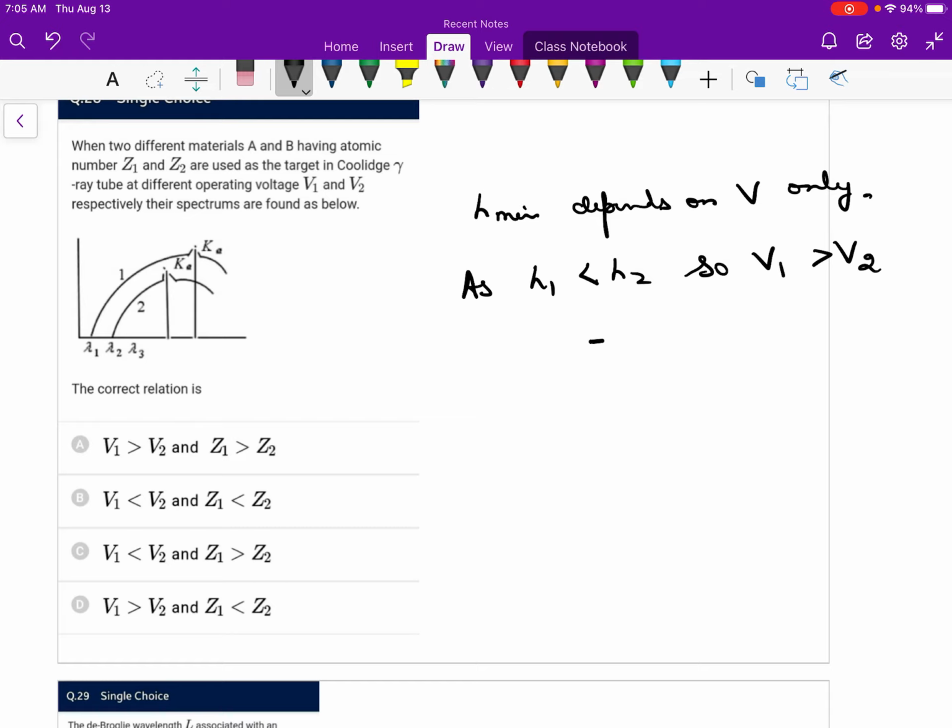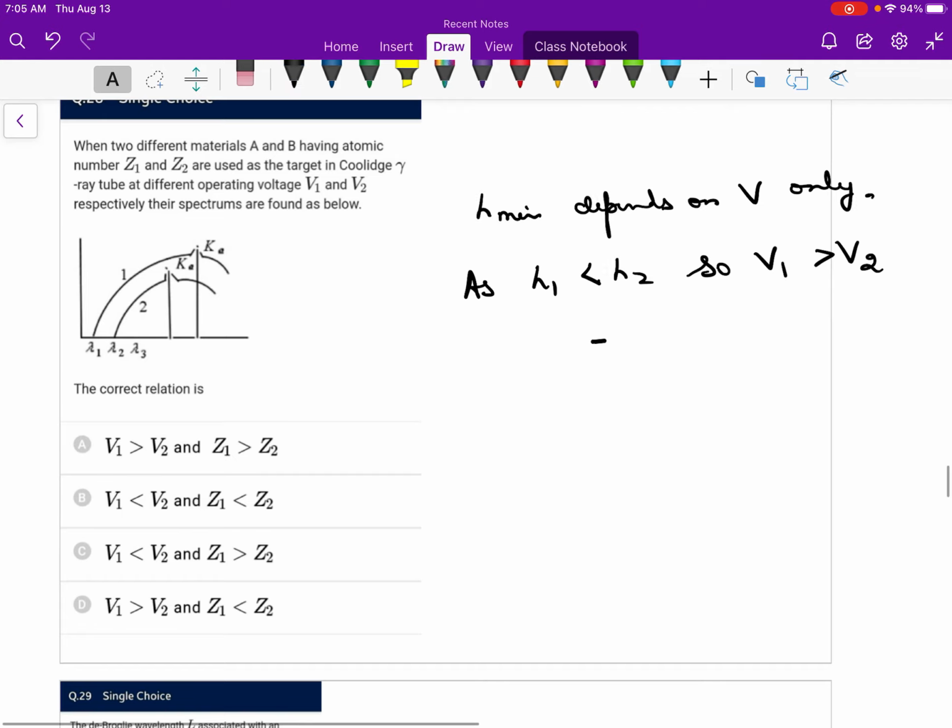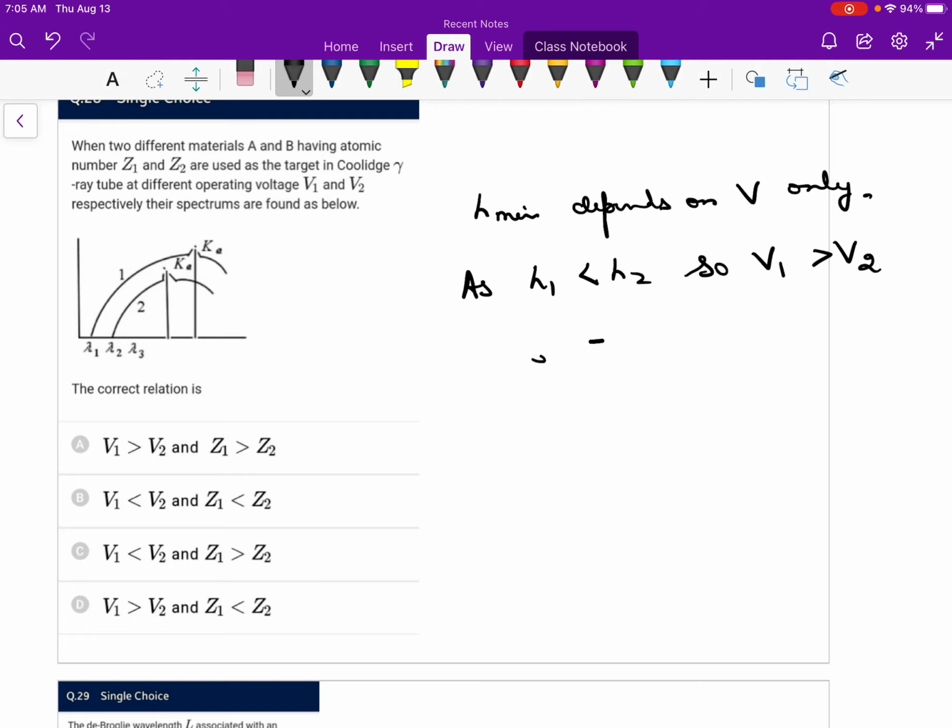And for K alpha, the frequency of K alpha, or rather lambda, depends on Z only. So the greater is the Z, the greater will be the energy of the K alpha photon and the lesser will be the wavelength.